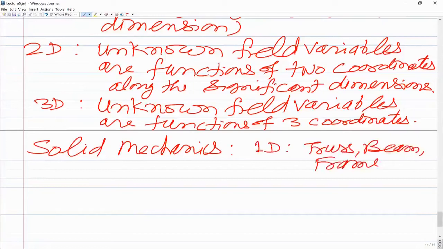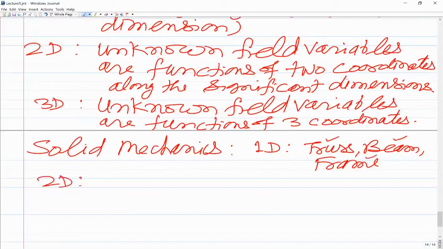In all these, the one dimension, that is length, is much larger compared to the cross-sectional dimensions. So the unknown displacements and rotations would be functions only of the length coordinate, say x along the length. Truss means axial load on the rod, beam means transverse load, so bending is there, and frame means both axial as well as transverse loads are there. So that element is known as the frame element.